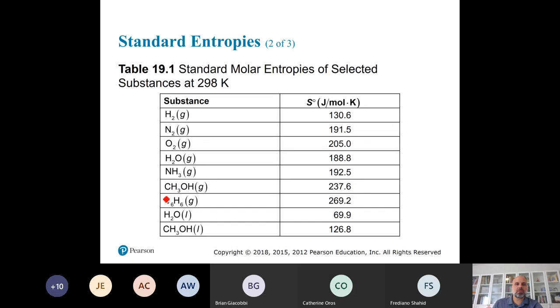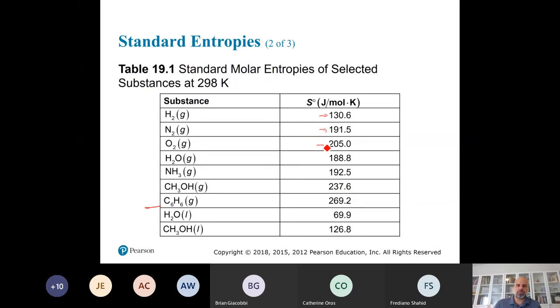So in the beginning, from the top portion of the table, everything's in the gas state. If we move from hydrogen as a gas, we have 130 joules per mole per Kelvin for entropy. Nitrogen, a larger molecule, goes up to 191. Then we increase the atomic mass going from nitrogen to oxygen, from a molar mass of 28 for N2 up to 32 for oxygen.